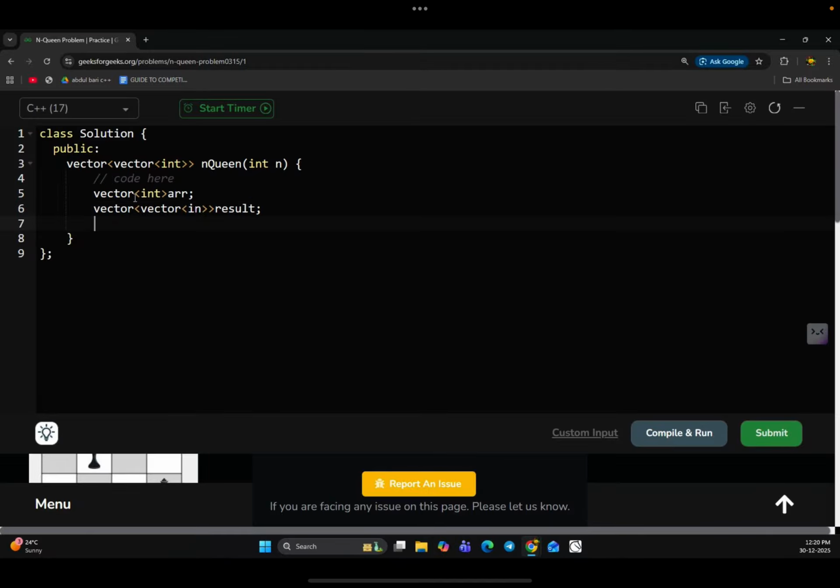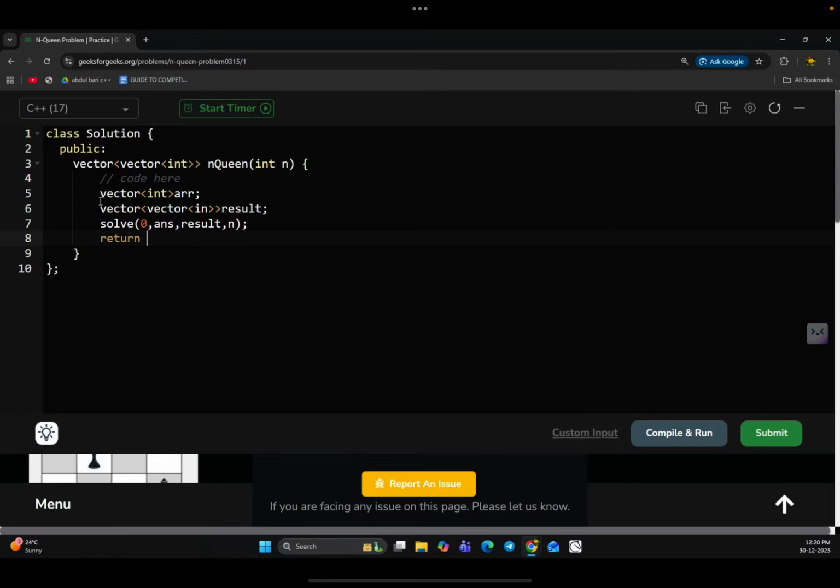Now we can write the solve function. Solve function will take k, as you said, to start from the 0th row, so I am putting 0, and column will start from 1 onwards, because the answer is expected from 1 onwards. Now answer, result, and also n, so that it knows where to start. And then return result.